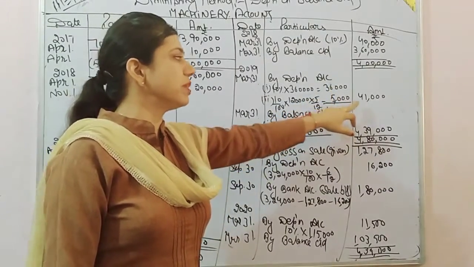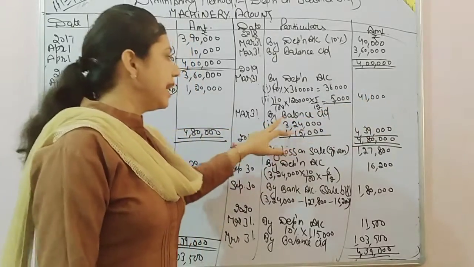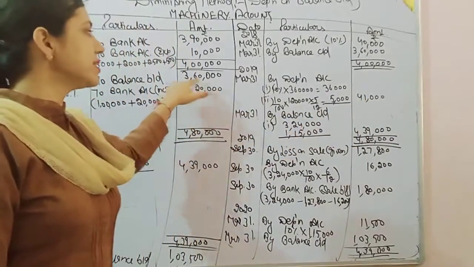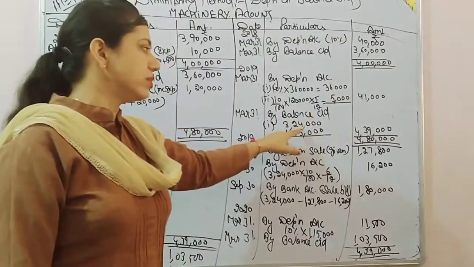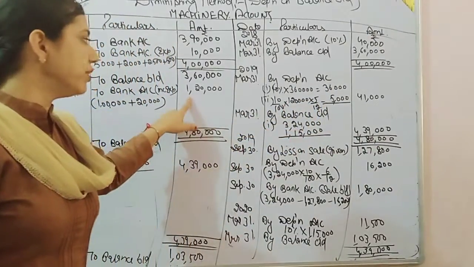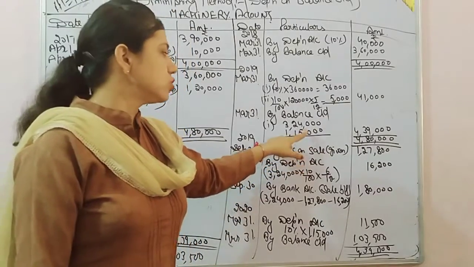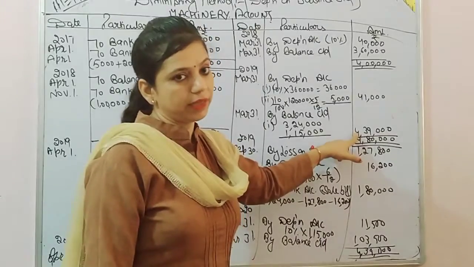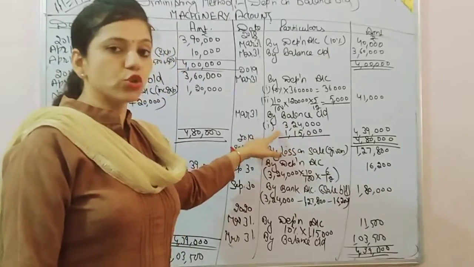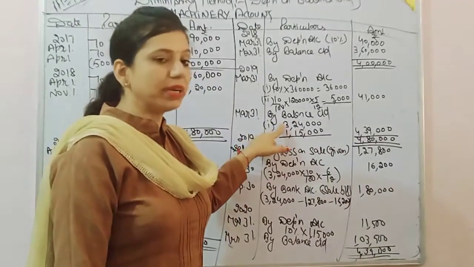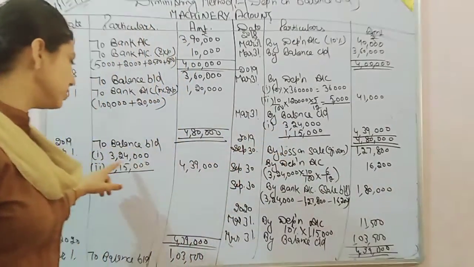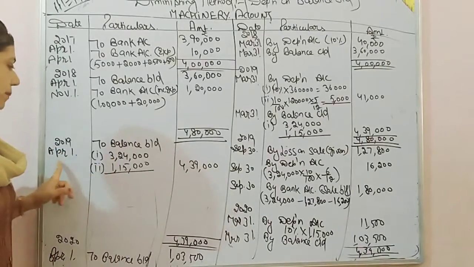Total depreciation will be 41,000. The balances are 3,60,000 minus 36,000, 3,24,000, and 1,20,000 minus 5,000, 1,15,000. So total is 4,39,000. These balances should be carried forward: 3,24,000 plus 1,15,000. Here it is on April 1.